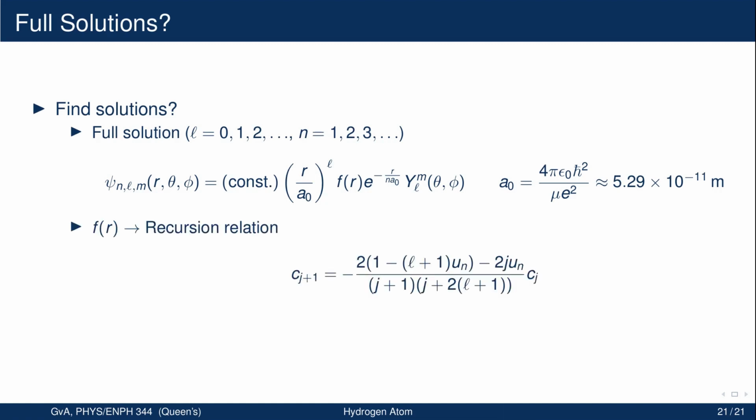The thing that's left to do in order to completely specify this solution is to solve this recursion relation in general. It turns out that this is something people have done a long time ago, and the general solutions are given by generalized Laguerre polynomials, and I'll leave that to you to examine in your own time.